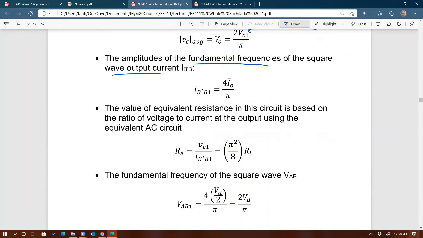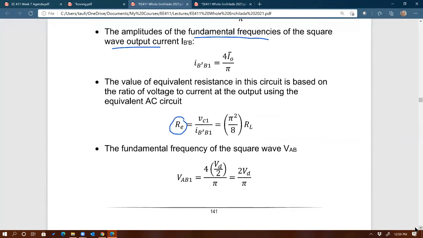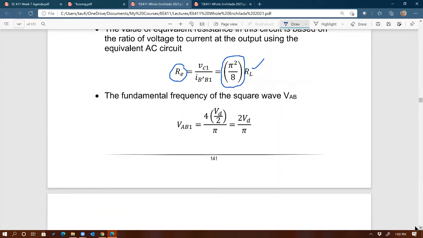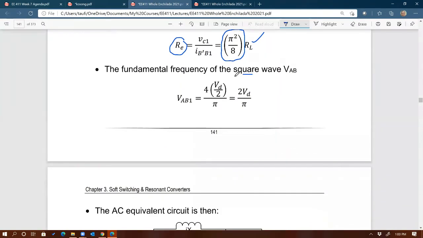So from here, I can solve for the equivalent resistance of the equivalent model that we want to estimate the output voltage from, and that is related to the actual load resistance R by this constant right here. And then VAB1, that's the source into the tank. Since we have a half bridge, that's going to be 4 times the peak value of the square wave divided by pi.